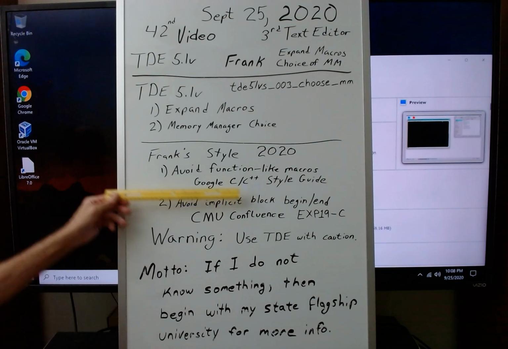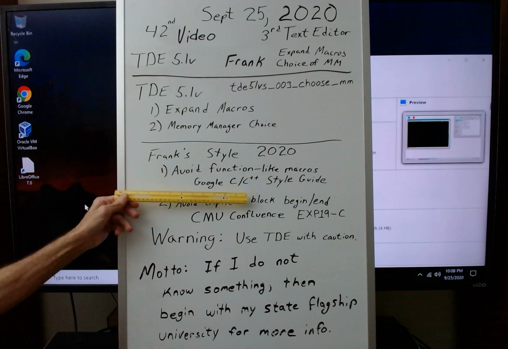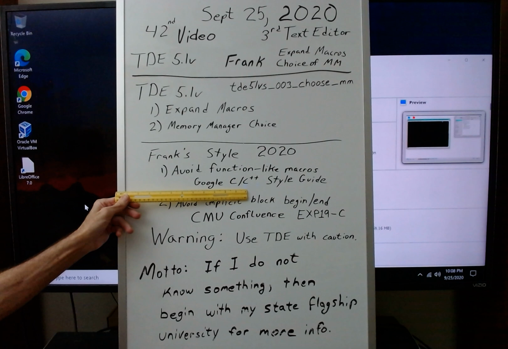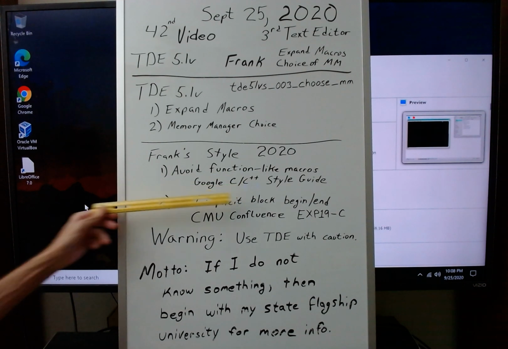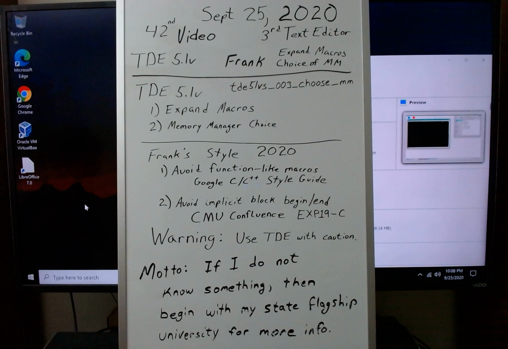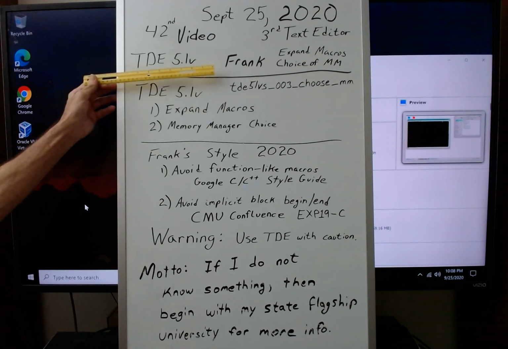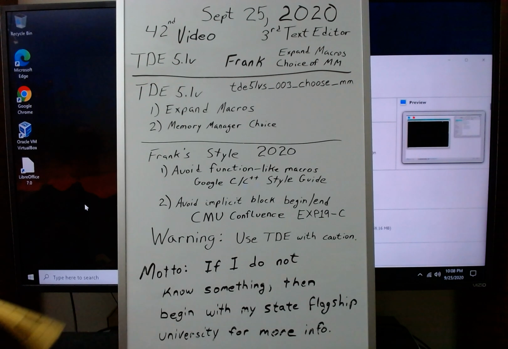The reason I'm going to expand the macros is that Google has a style guide, and they say to avoid function-like macros, and certainly when I was debugging TDE 5.1v in a 64-bit environment, it was very difficult to see exactly what the code was doing.